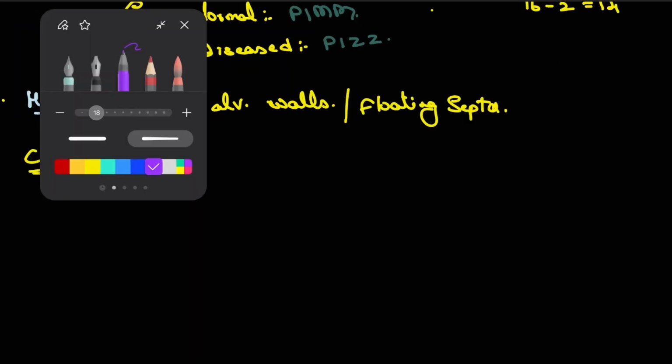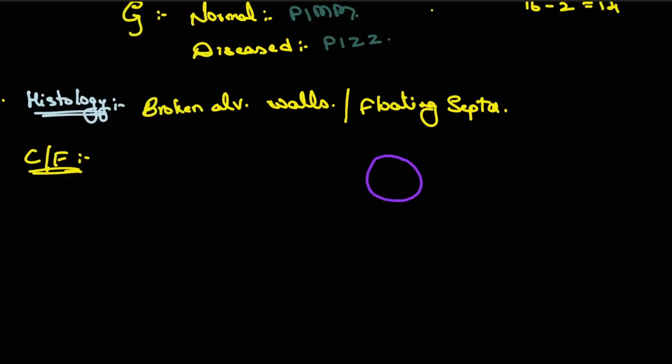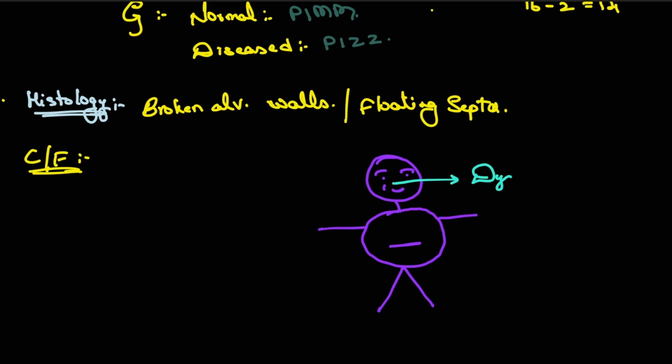Let me explain you with a diagram. Okay. So the clinical features are dyspnea, and pink puffers. Pink puffers means there are reddish cheeks.